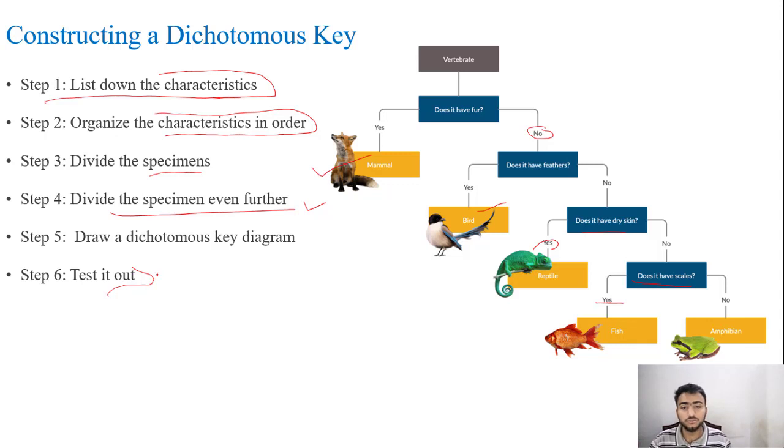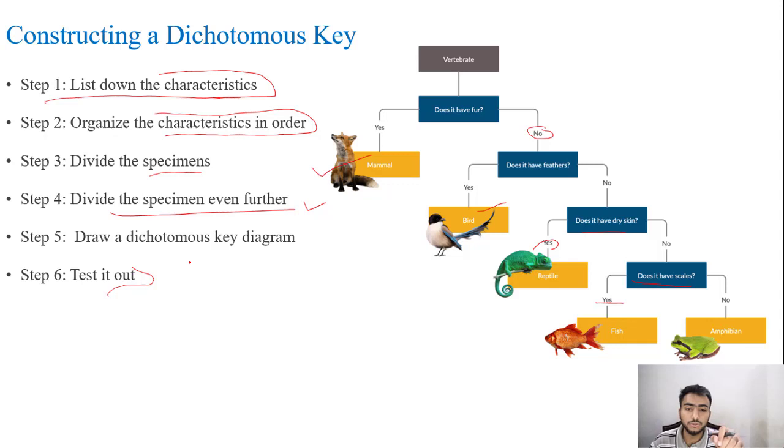So guys, this was all about classification. We have learned about how important it is to classify. Then we learned about the binomial nomenclature system, which was first formalized by Carl Linnaeus, and it comprises two things, the genus name and the specific epithet of an organism that's particular to that very living organism all around the globe.